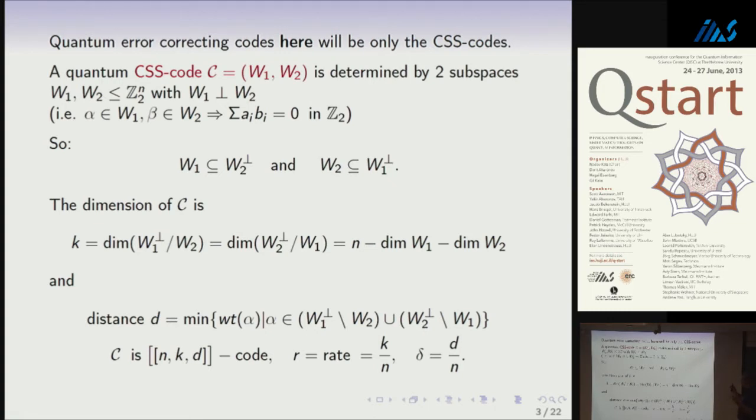Namely, we allow vectors with short support, with a small weight, inside W1 and W2, but not in the orthogonal of them unless they are in W1 or W2. This is the distance of a code, and the standard terminology in this case is that C is an [[n,k,d]] code with double brackets, where the rate is again k over n, and delta is d over n.